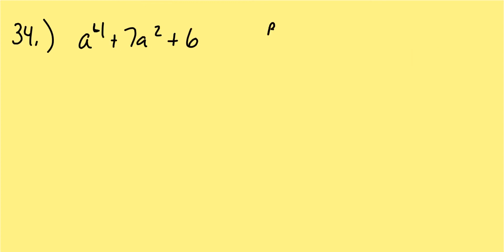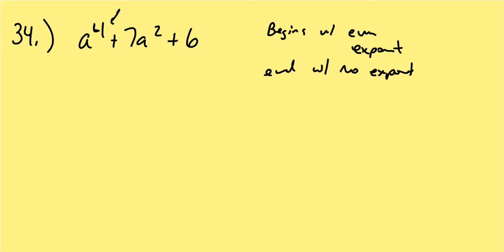Alright, 34. It begins with an even exponent. It ends with no exponent. In the middle, exponent 2 is half of the first.